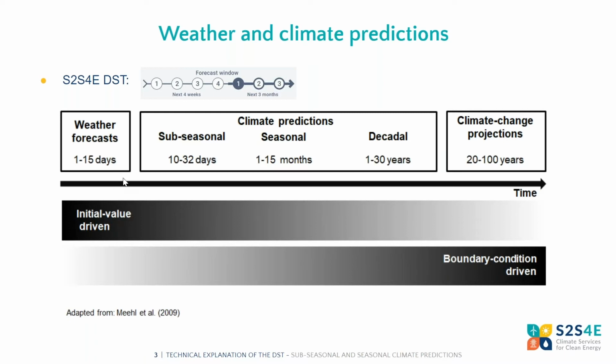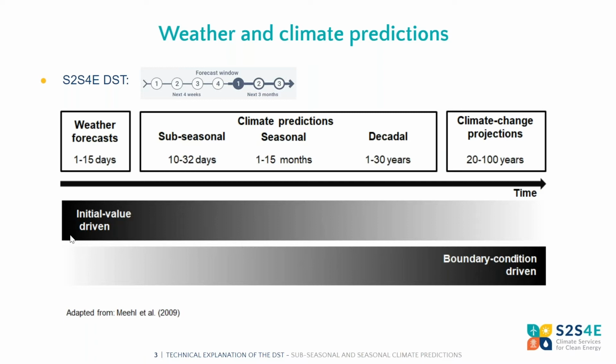This type of forecast is very conditioned by the initial conditions of the atmosphere or the system. So the temperature or the cloud cover or the conditions we have right now affect very much what's going to happen in the next days. But then after some time, this information is lost, and we reach some time ranges where we use what we call climate predictions.